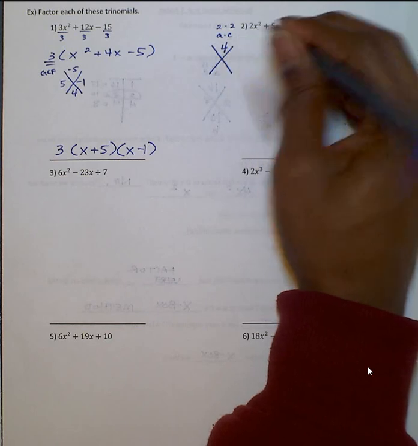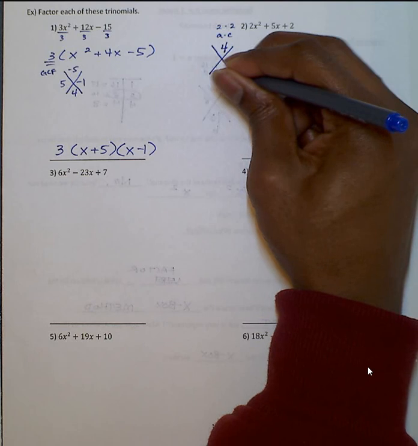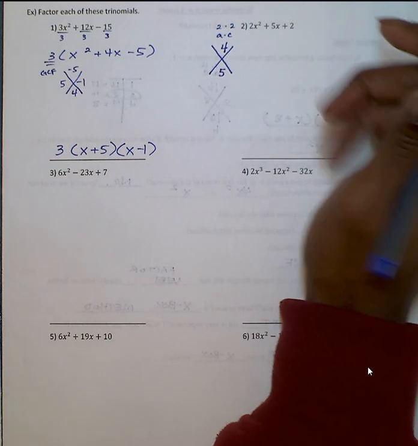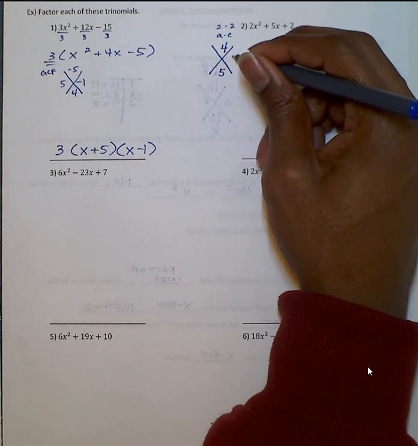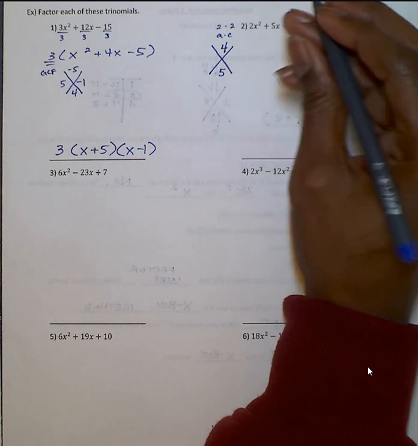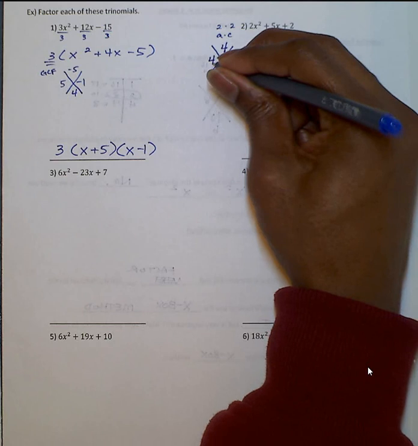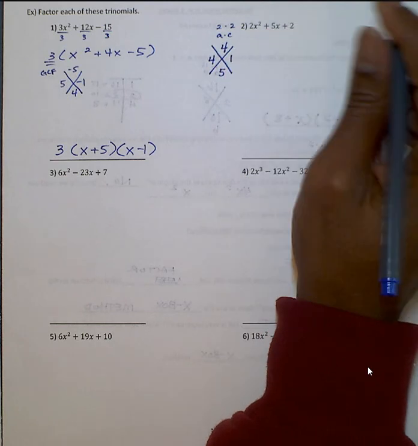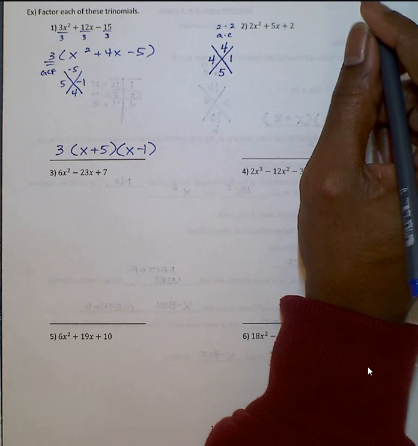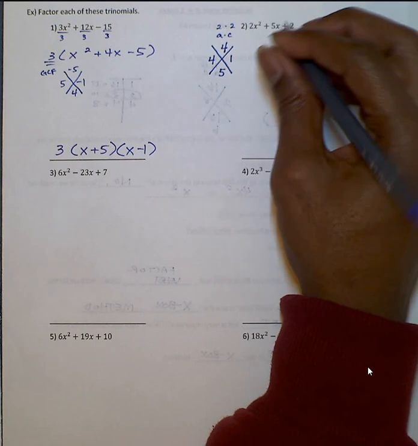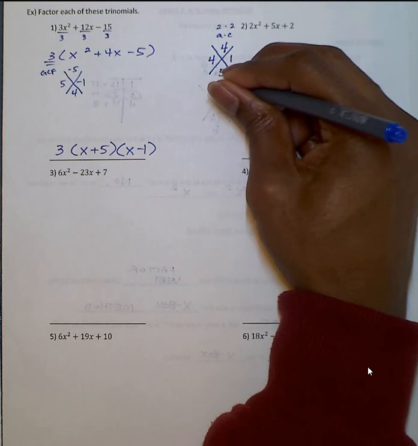And add to give us 5. Filling out this X is going to be the same. Two numbers that multiply to give us 4 and add to give us 5. 4 and 1. 4 times 1 is 4. 4 plus 1 is 5. Okay, so this is the X part of our X box method.